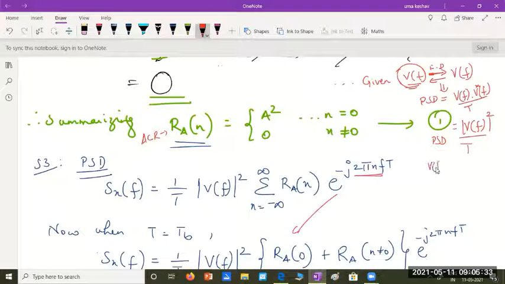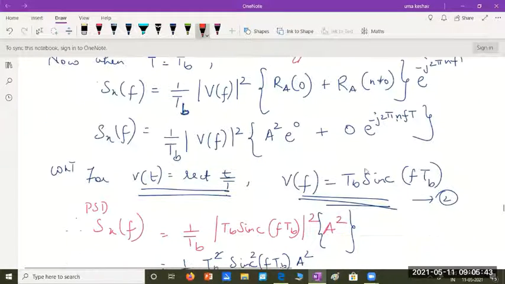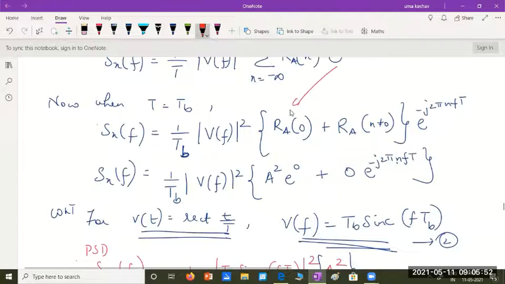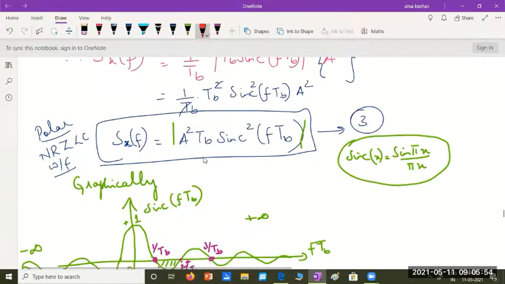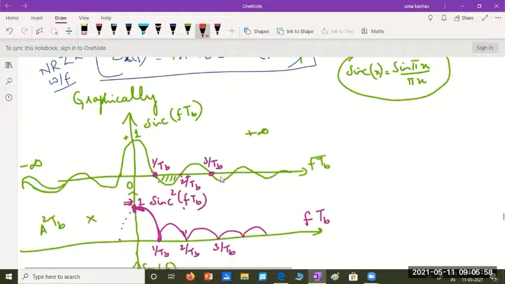We know if V of t is a rect function, V of f will be a sinc function, as shown. We'll be substituting all the values here and simplify. We got the expression for power spectral density and then we tried to represent it graphically.